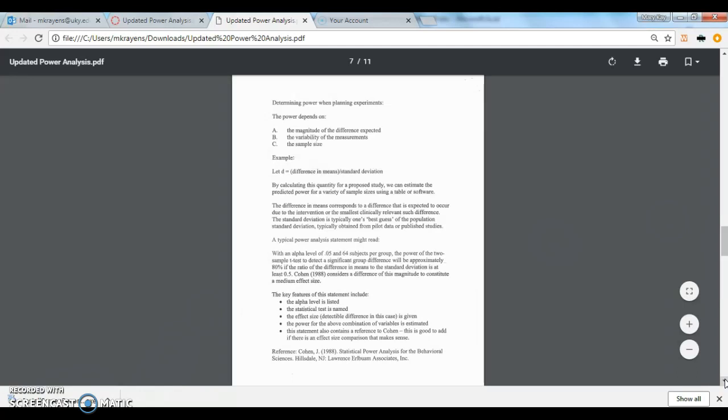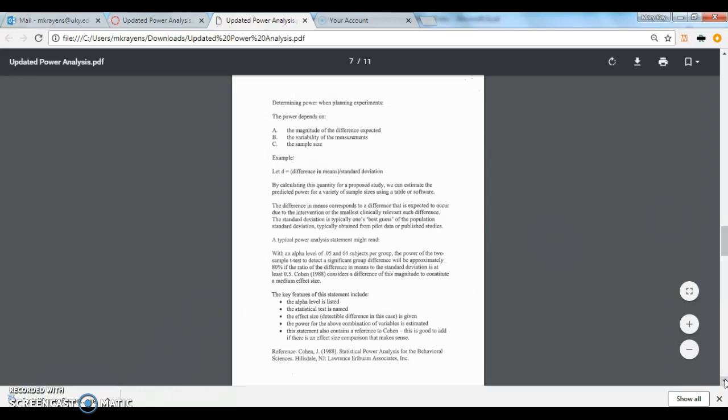So in that context, a typical power analysis statement might say something like, with an alpha level of 0.05 and 64 subjects per group, the power of the two-sample t-test to detect a significant group difference will be approximately 80% if the ratio of the difference in means to the standard deviation is at least 0.5, and so on.